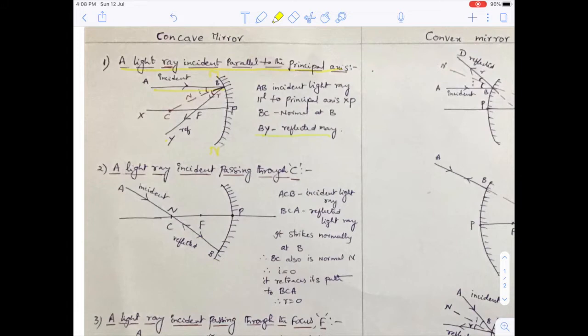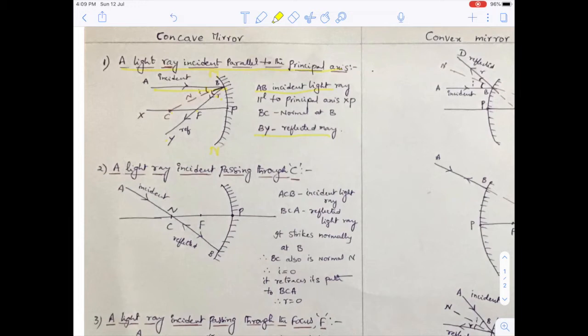So BY is the reflected ray, AB is the incident ray, and the reflected ray passes through the focus F. Now here, because the incident light is at this point B, the line joining B and the center of curvature will form the normal to this. Therefore, this is your angle of incidence I and this is your angle of reflection R. So the line joining B and C forms the normal.